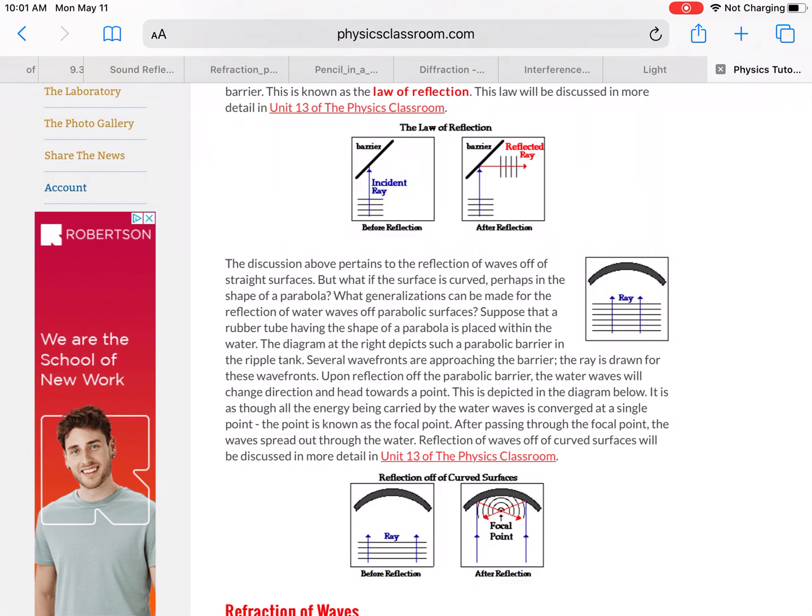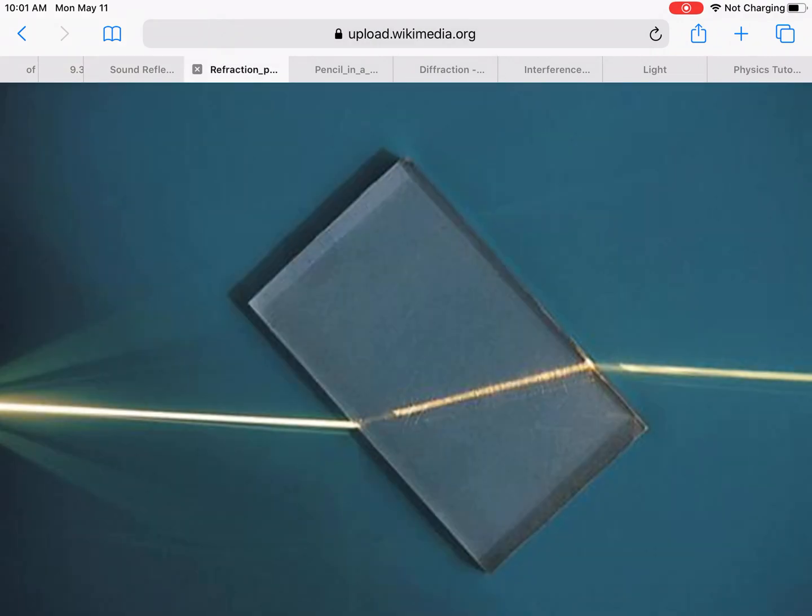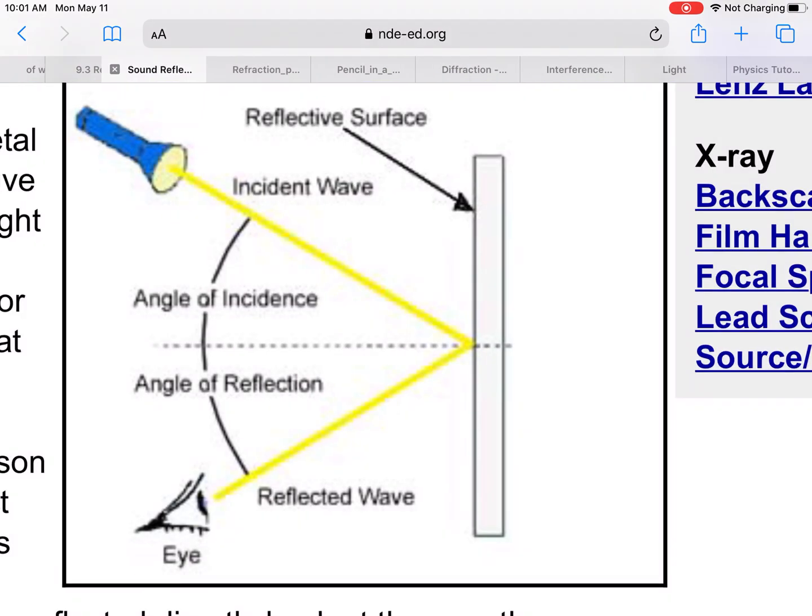But for now, we have an incident ray and a reflected ray. So when you look at this image here, the incident ray is the ray that approaches the barrier, which is in this case a reflective surface, and then you have a reflected ray on the bottom, and that ray is coming off of the barrier.